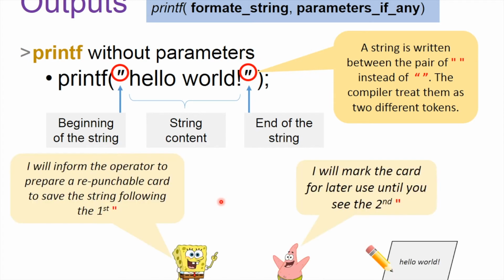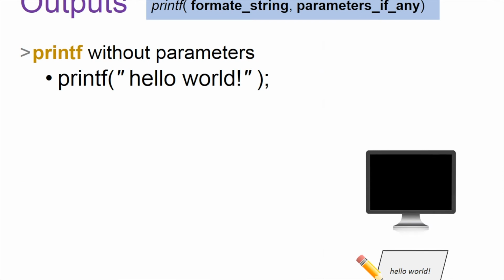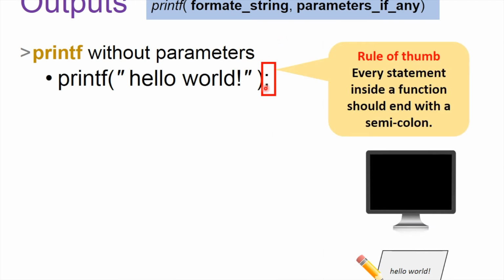That's very important, remember that. Inside the computer, when it sees the first quotation mark, the operator knows he is going to prepare a new punchable card to store a string. Then the content will be punched into that card, and when the string ends, the computer knows the string is ending. Then we reach this semicolon.